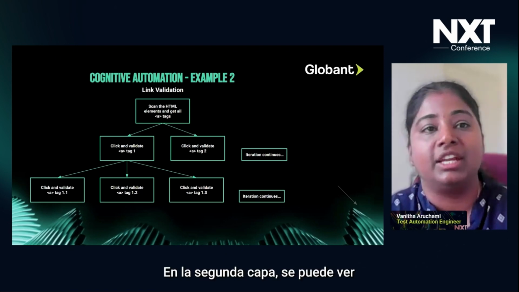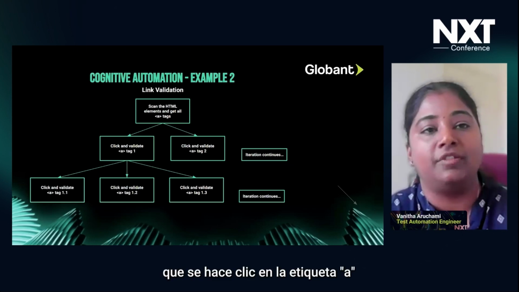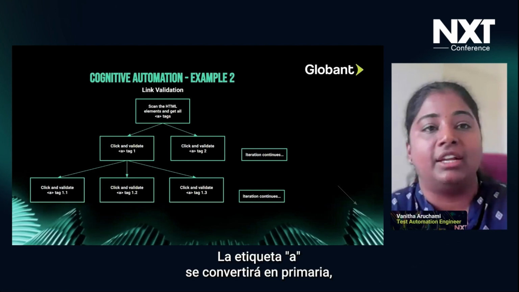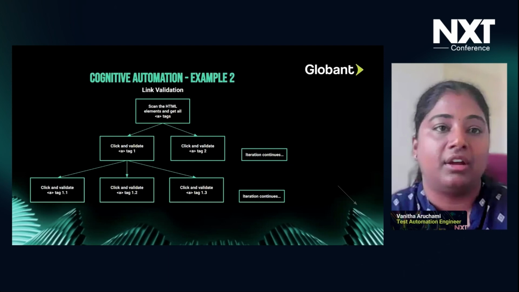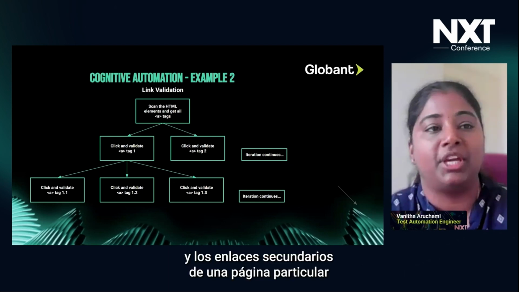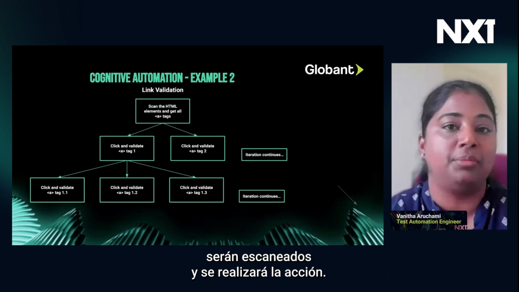So here in the second layer, you can see that A tag 1 will be clicked and that will be verified. And again, that A tag 1 will become a parent, and the child links in that particular page will be scanned and the action performed.